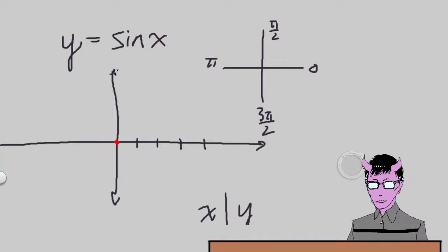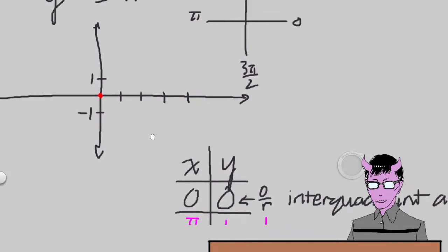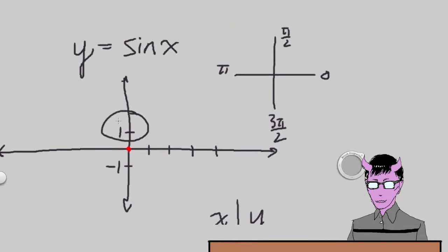And at the moment, I don't have any hash marks for the y-axis, so let me put the hash mark right there. It's not exactly to scale, but that's okay. So there's going to be positive 1, and this is going to be negative 1. And I'm not going to put any more hash marks greater than 1 for this moment, because the output for the sine function as a base function is just going to hover between negative 1 and positive 1, because at the most basic form, the ratio between the opposite and the hypotenuse will never be greater than 1.